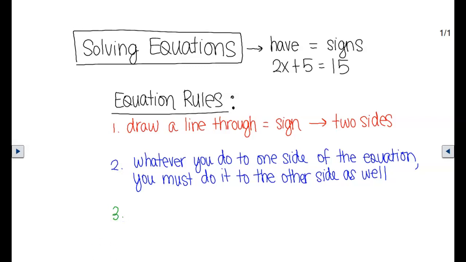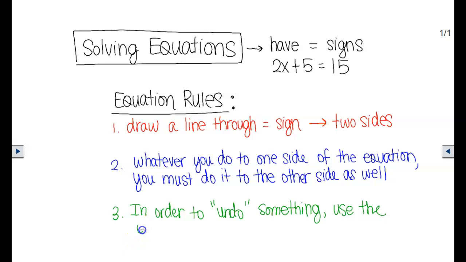Now, we're going to spend a lot of time with equations talking about undoing things. So I need you all to know that in order to undo something in an equation, you are going to use the opposite operation.